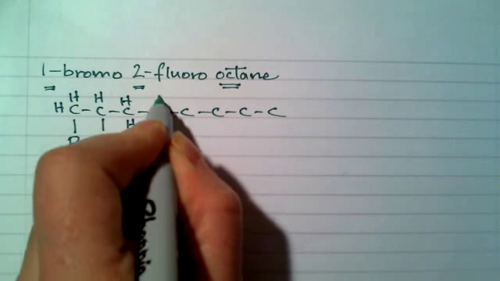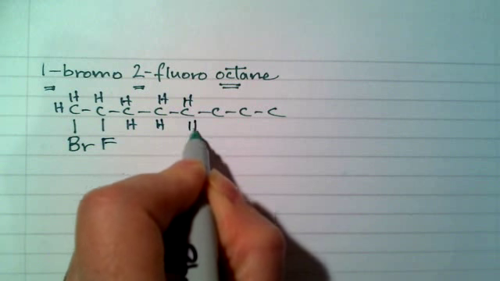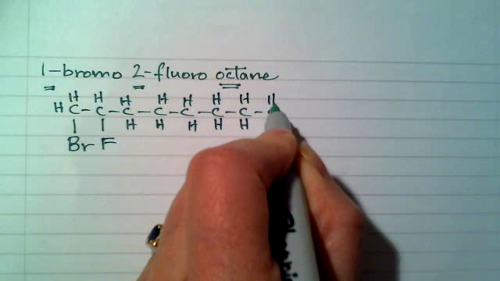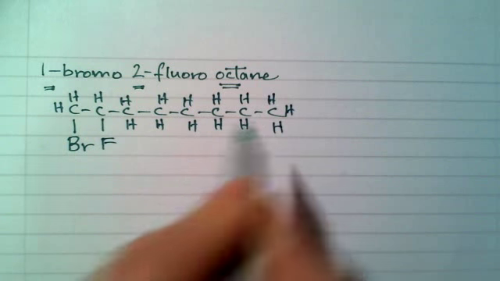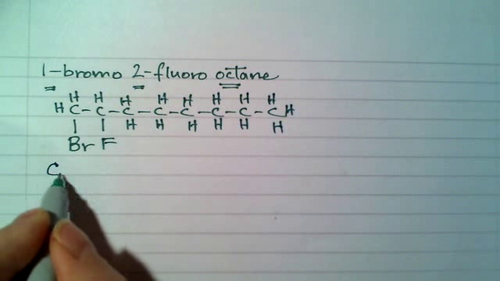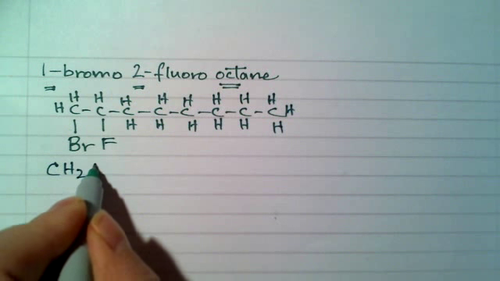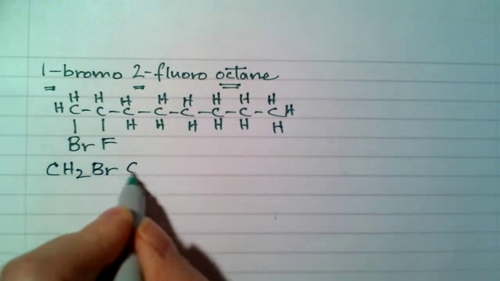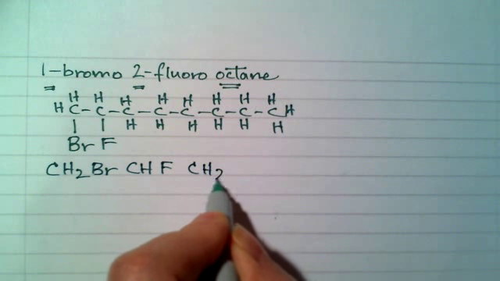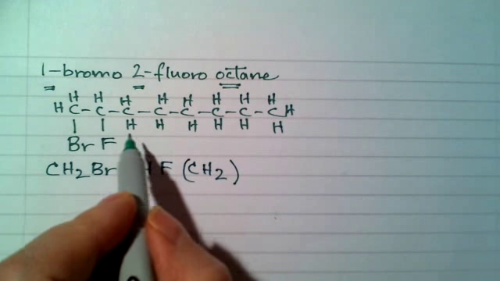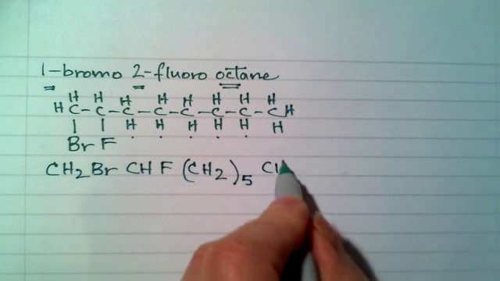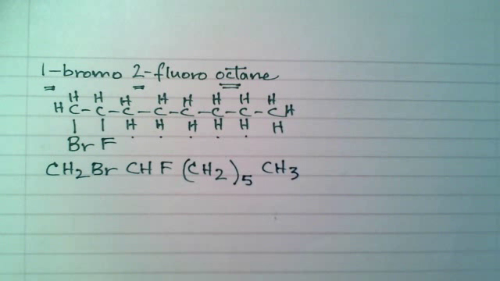And then in terms of a condensed structural, you'd want to be writing this large structure a little more concisely. And so we would write it CH2Br, and then we have a CHF, and then we have a CH2 repeated 1, 2, 3, 4, 5 times before a terminal methyl group.